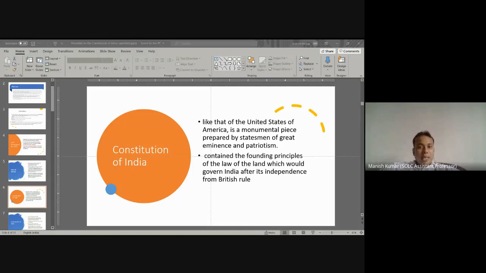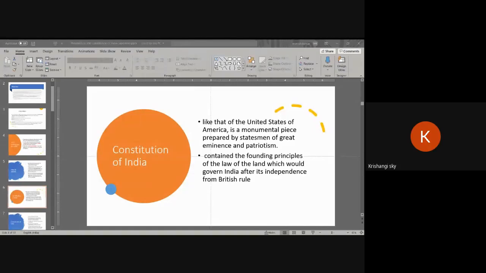At the time of the commencement, the Constitution had 395 articles in 22 parts and 8 schedules, and it took 2 years, 11 months, and 18 days to come into form.